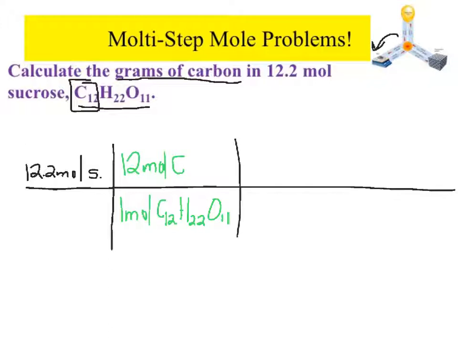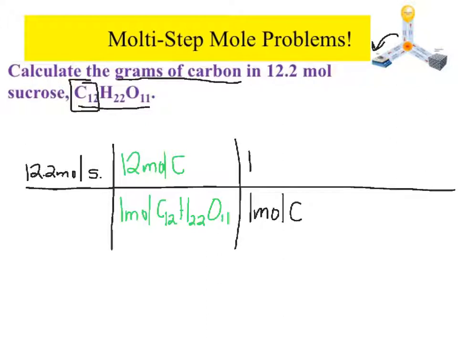So I've gone from moles of sucrose into moles of carbon, just using the ratio of the elements in that compound. So now I can go from moles into grams using molar mass. And so for every 1 mole of carbon, this is going to be its molar mass, and I'm taking this straight from the periodic table.